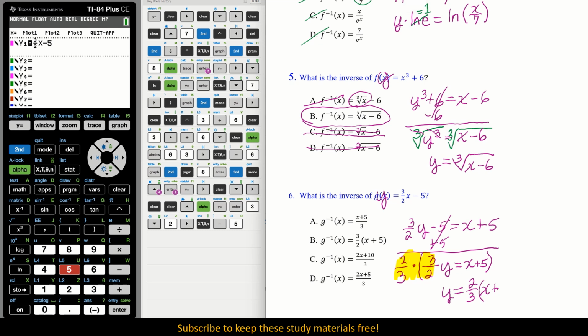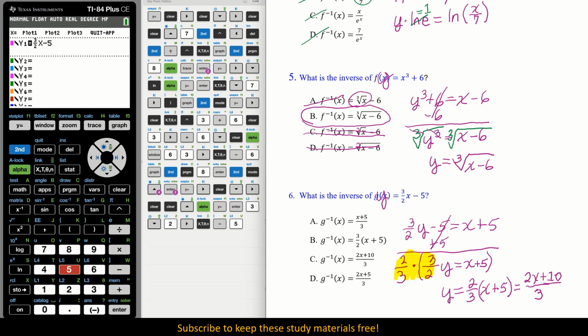I'm going to use a parentheses and plus 5 because I'm looking at this option over here. Then I'm going to simplify it. I will have 3 here, but then I'll have 2x plus 10.